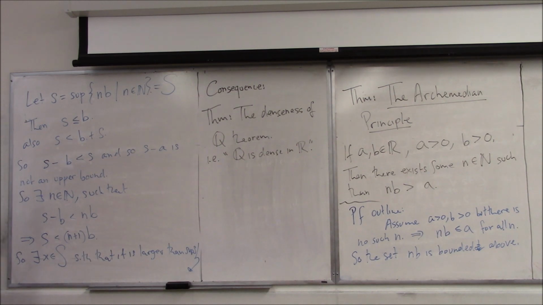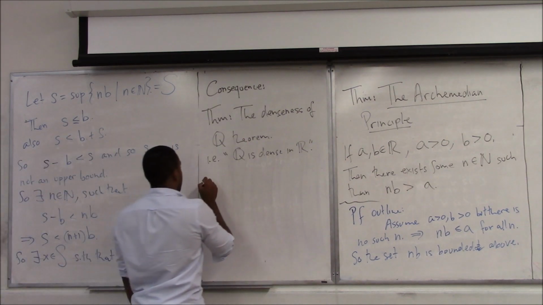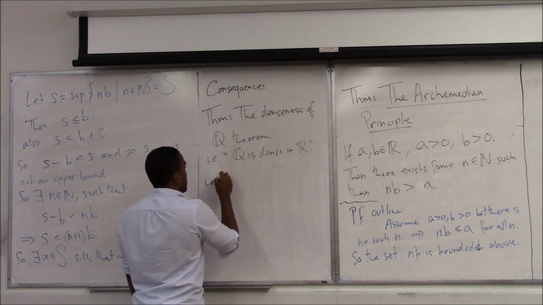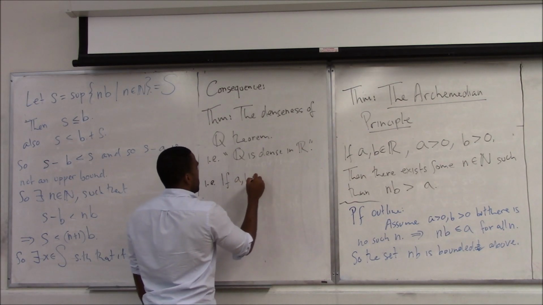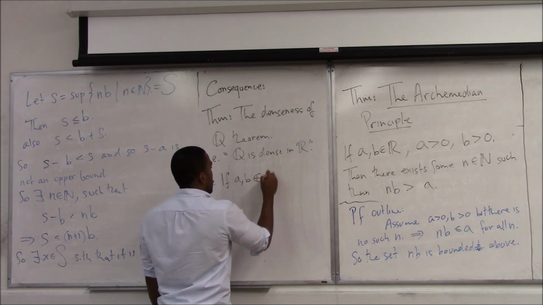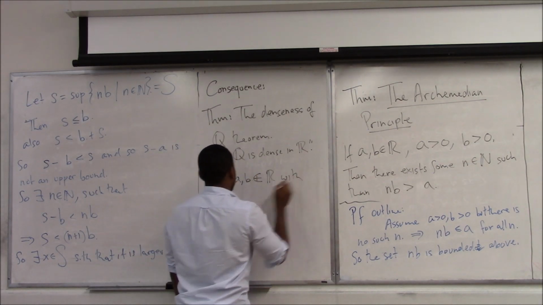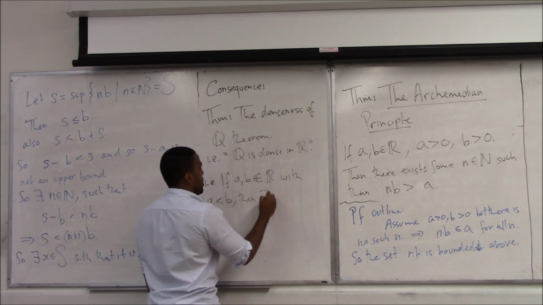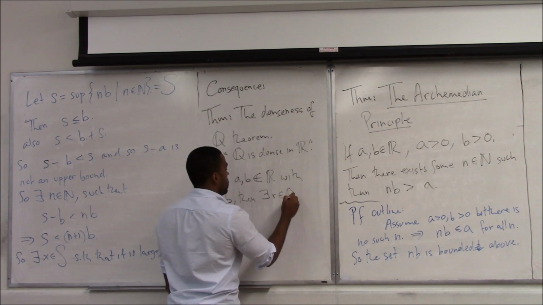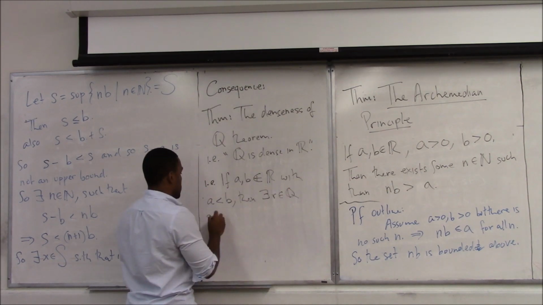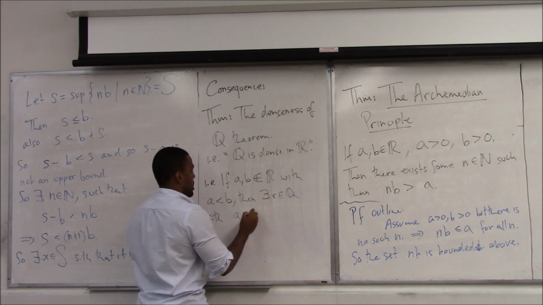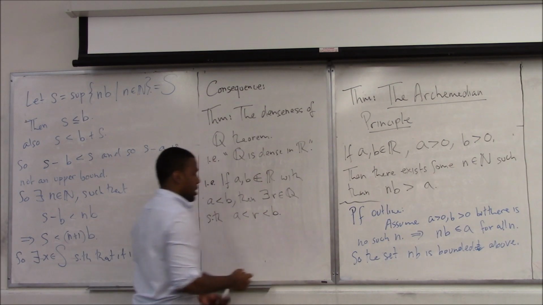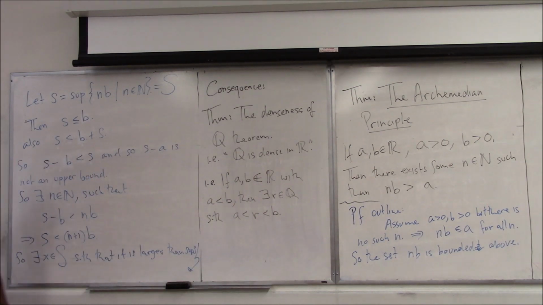So they're countable, but they're spread out, so we say they're dense in R. That is, if a, b are elements of R with a less than b, then there exists a rational number q such that it is strictly between a and b.